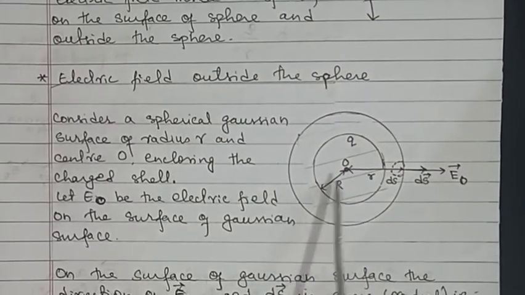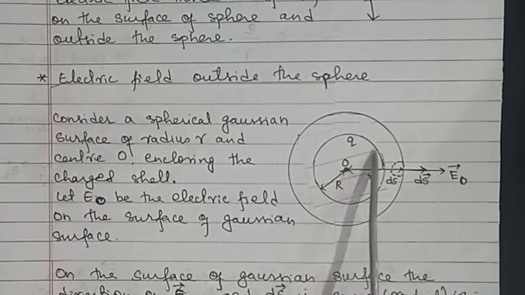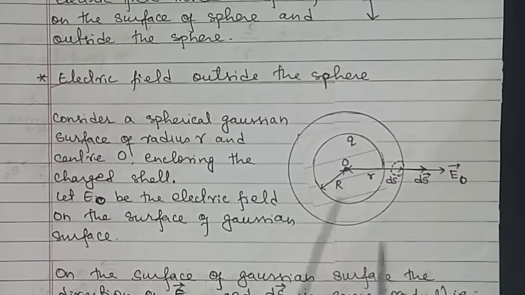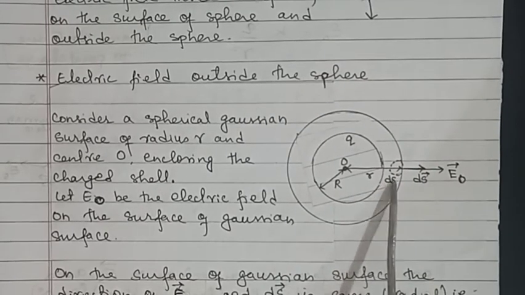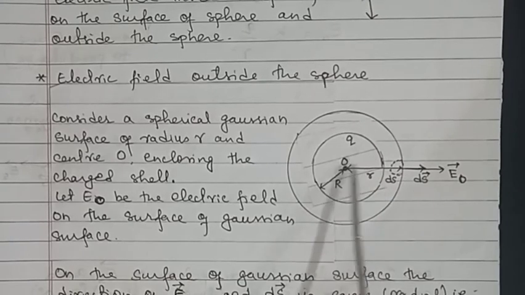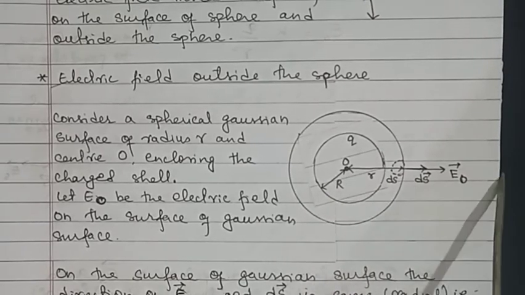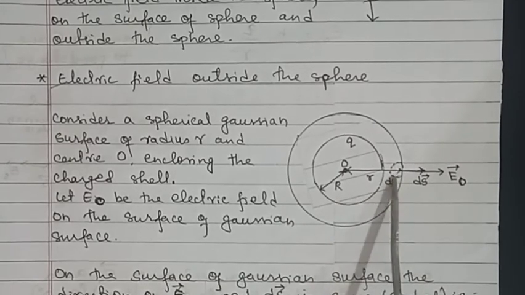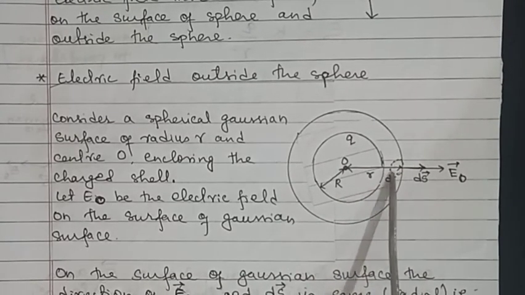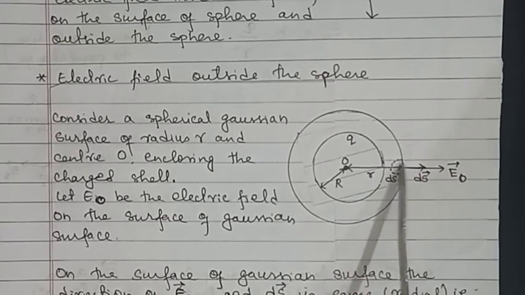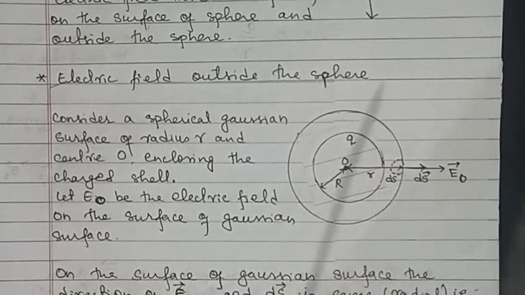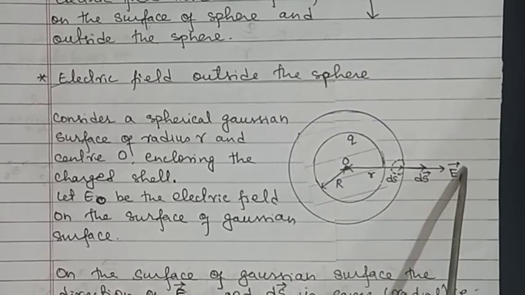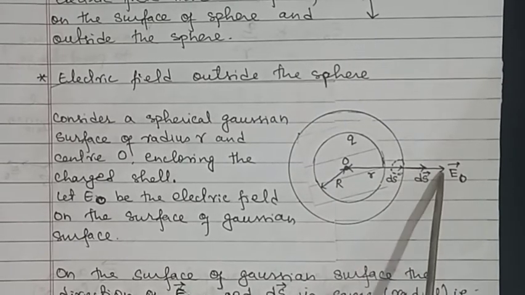In this figure the center of the Gaussian surface and the center of our sphere is the same, and on the surface of the Gaussian surface we consider a small area dS. The electric field due to this positive charge will be away like this, and the direction of the area vector, that is perpendicular to this small dS, will also be in the same direction as the electric field. So I can say both the electric field and the area vector are radially outward. So theta is 0 degrees here.